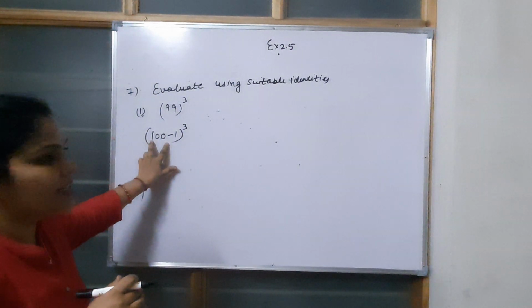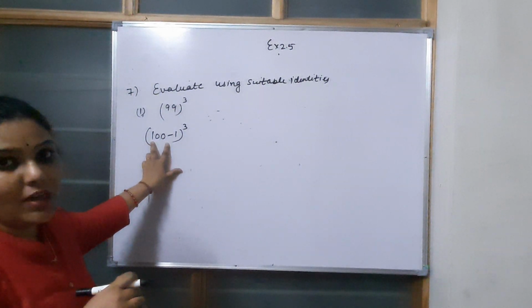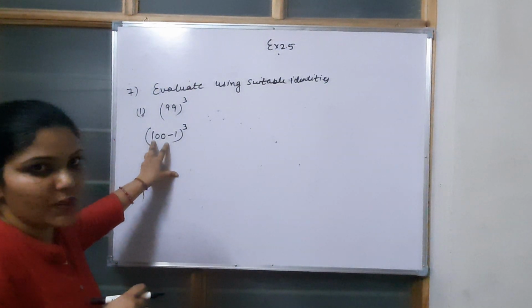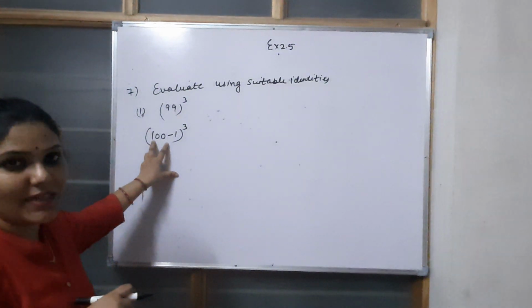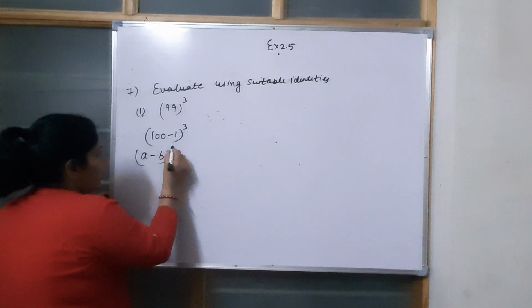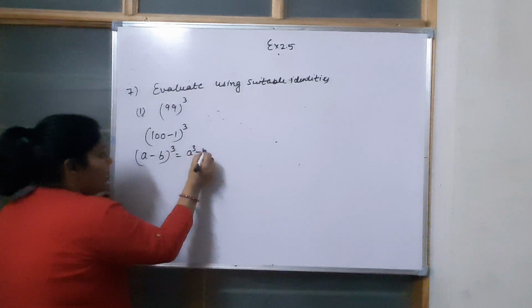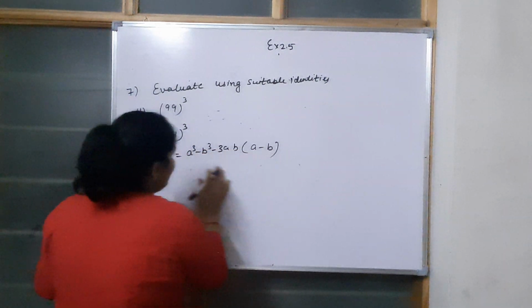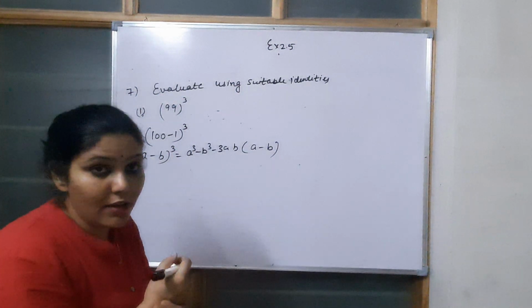Now we can apply which identity? a cube plus b cube plus 3ab (a plus b), or, I'm sorry, it is minus here, so we will be using a cube minus b cube minus 3ab (a minus b). So using (a minus b) whole cube is equal to a cube minus b cube minus 3ab (a minus b), this identity we will be using.